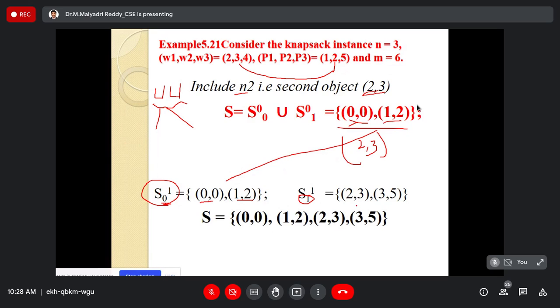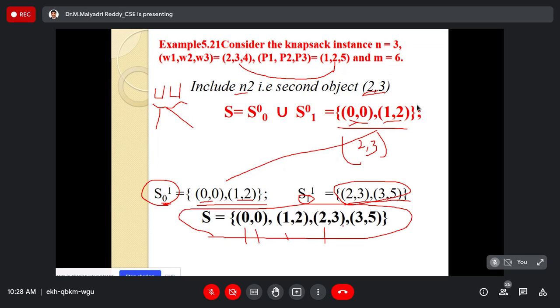Adding it to 1 comma 2 gives 3, 5. So by including the second object on the previous two solutions, I get two more solutions, and by not including, I get two solutions. Combining these, total four feasible solutions are available at the end of the second object: 0 0, 1 comma 2, 2 comma 3, 3 comma 5.